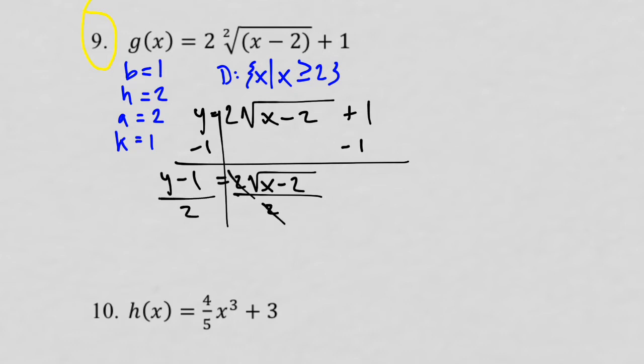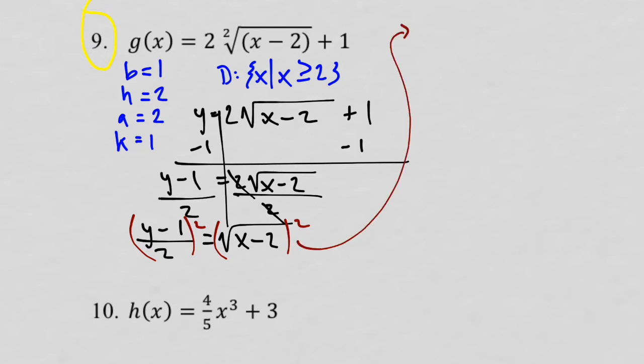So I have the square root of x minus 2 equals y minus 1 over 2. And finally, remember to get rid of the square root, use square. Square both sides. So I continue over here. I have y minus 1 squared over 2 squared, right? That's what squaring the fraction means. Square the top, square the bottom.